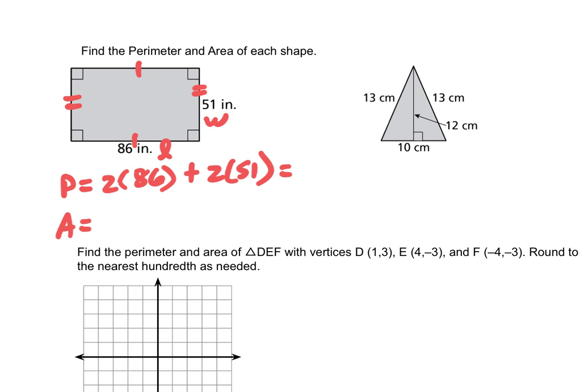Okay, anybody get it? 274. Okay, and then we are going to label, okay? And here we're going to label it inches. 274 inches. Area is length times width. So this would simply just be 86 times 51.